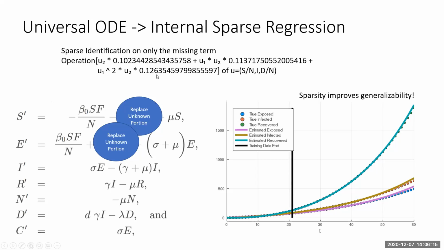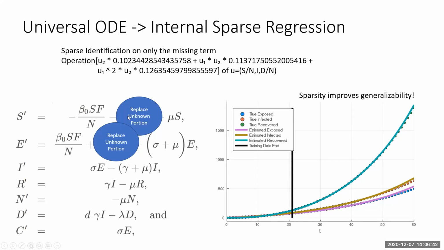You see that D doesn't actually show up in here, which means that the exposure is not related to the percentage of the population that is hospitalized. That tends to make sense, because most of the exposures are coming from people who are asymptomatic or less symptomatic, who are still in the general population just spreading the disease around, right? This kind of hypothesis naturally comes out of the way that we've found mechanistic equations from the embedded neural networks.